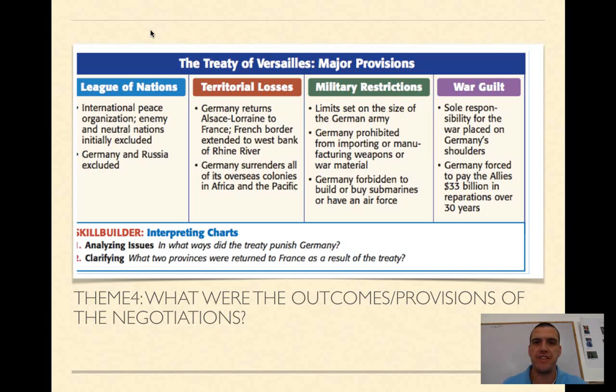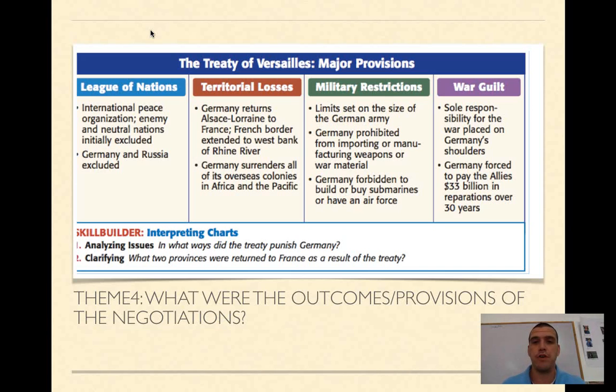So moving right here on this chart, we can look at military restrictions. What the Treaty of Versailles said is that the Germans had to limit the size of their army. So they could only have so many troops in their infantry, things like that.